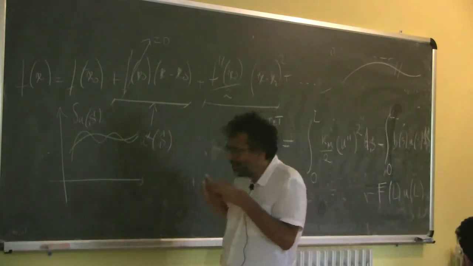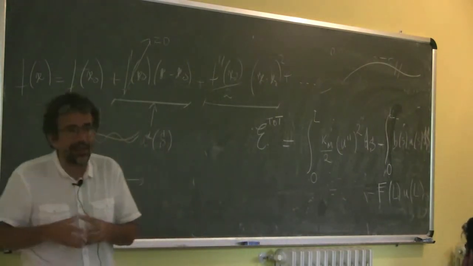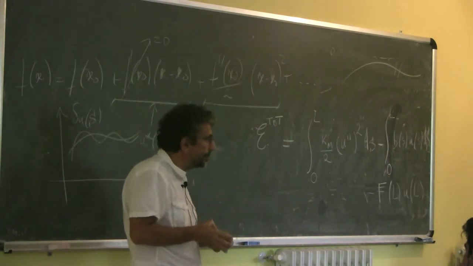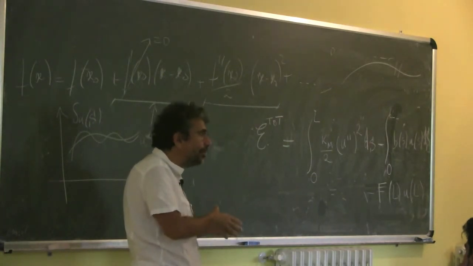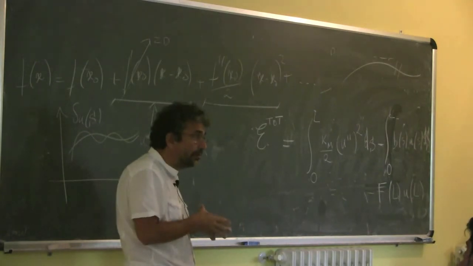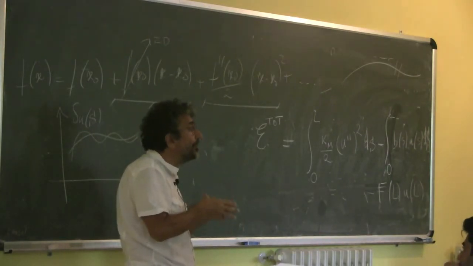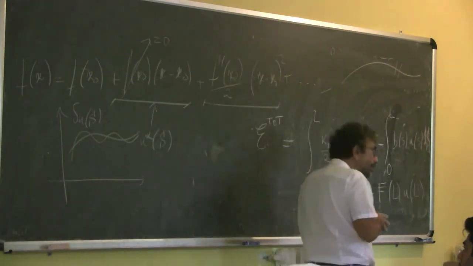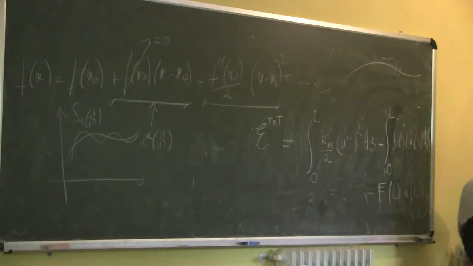The really difficult thing to understand here is that instead of having a real variable or n real variables, your configuration is a function. You know, mathematically speaking, this is a nightmare. What does it mean that two functions are close?